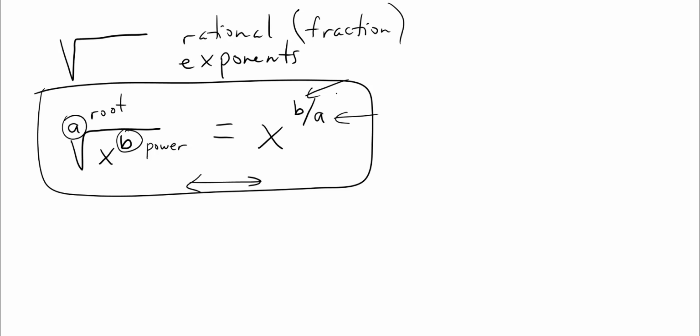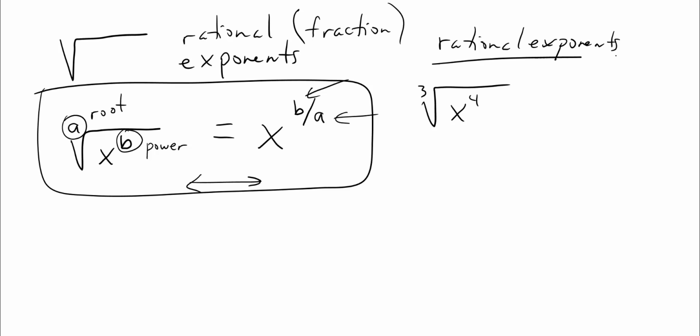For example, if I have the cube root of x to the fourth, and I want to write that with rational exponents, I write x to the, and remember that 3 is a root and the 4 is a power, so it's to the 4/3 power.